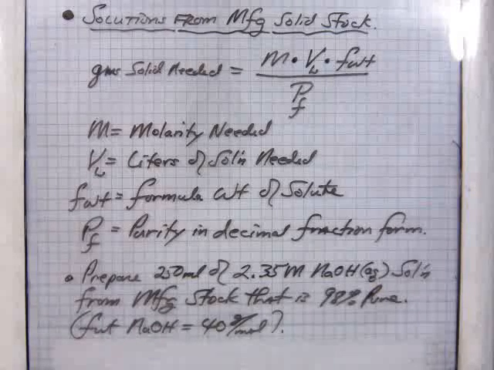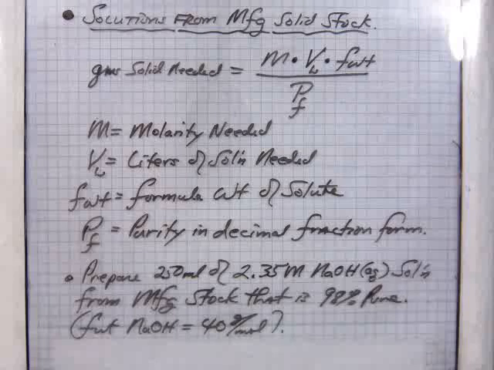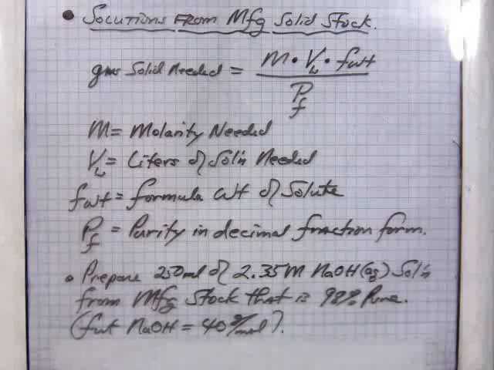Now, the purity factor typically is found either in the MSDS sheet or the reagent assay that may be taped to the bottle, and it'll say assay, and it'll give you a percentage purity for that substance.